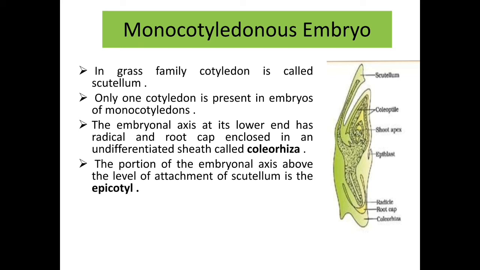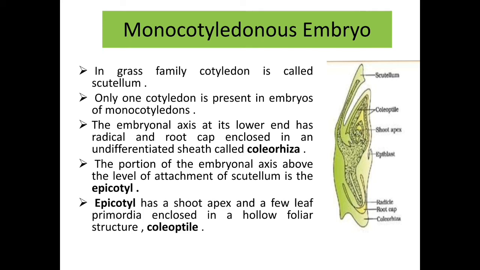Then the portion of the embryonal axis above the level of attachment of scutellum is the epicotyl. You may see here the scutellum is attached, and above that level it is epicotyl. Epicotyl has a shoot apex and a few leaf primordia enclosed in a hollow foliar structure called coleoptile.